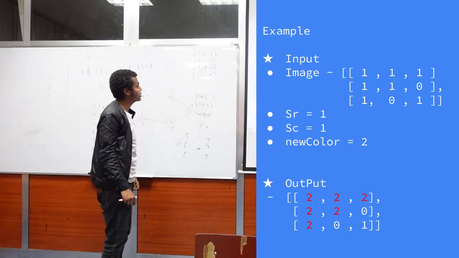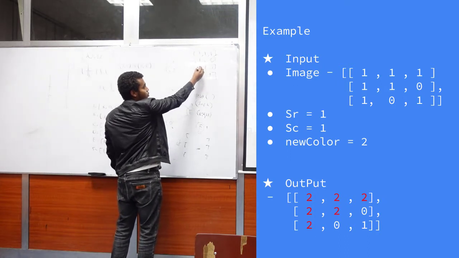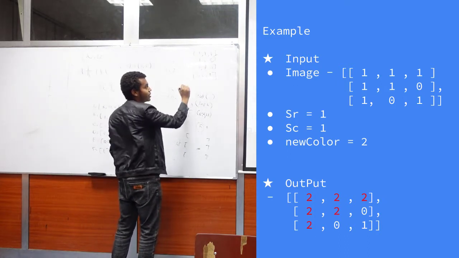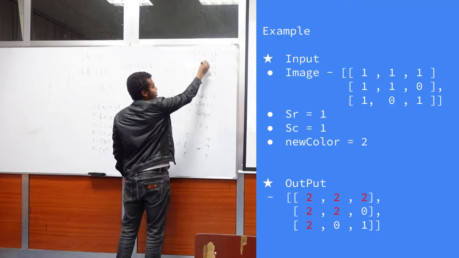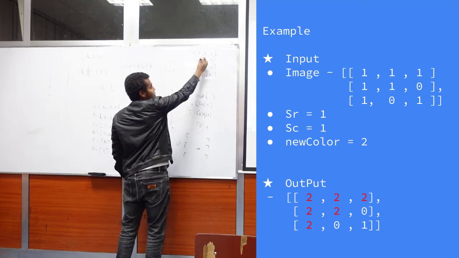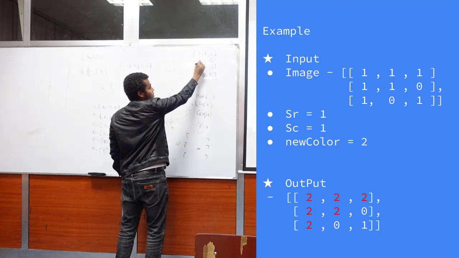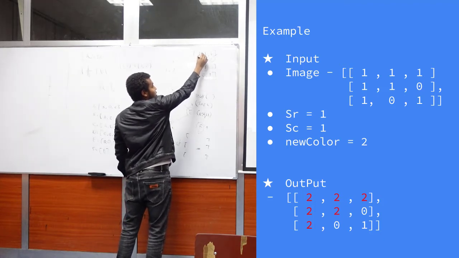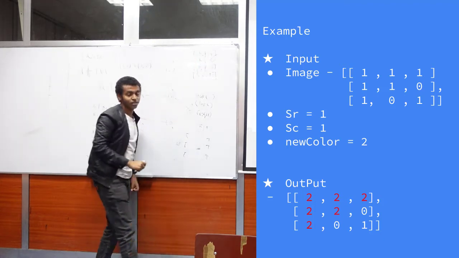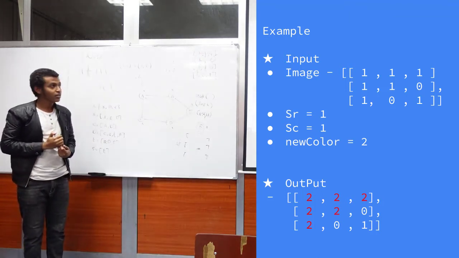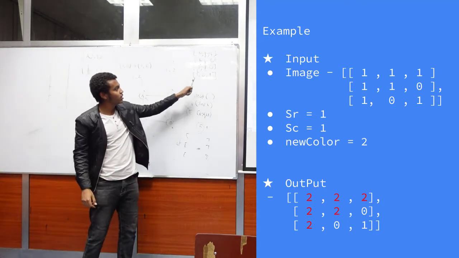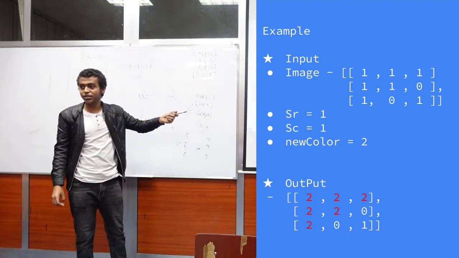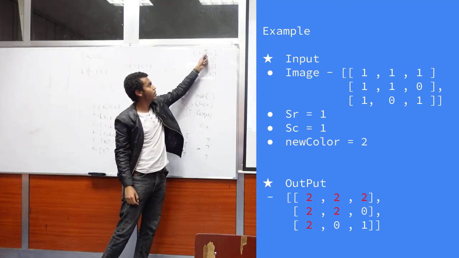The graph here is this is connected to this, and this is connected to this, this is connected to this, and this is connected to this, and this is connected to this. Same thing, right? So now we see what the neighbors of each pixel represent, and this is our graph.